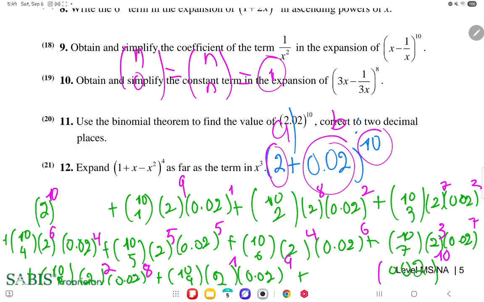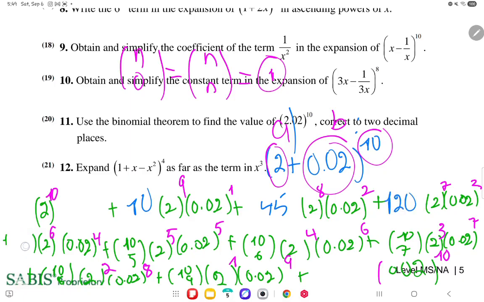I suggest first to find the value of the combination. So 10 combination 1, what is it? It's 10, so you can remove this and replace it with 10. Then 10 combination 2, it's 45. You can remove this and replace it with the value of 45. 10 combination 3, remove it. What will you replace it with? With 120. 10 combination 4, remove it.